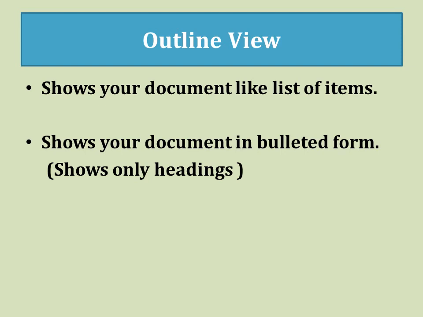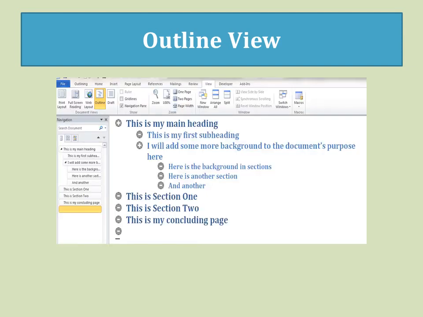The rest of the content is not shown. You can see here that this is in outline view, and it is only showing the headings of your document in list form.